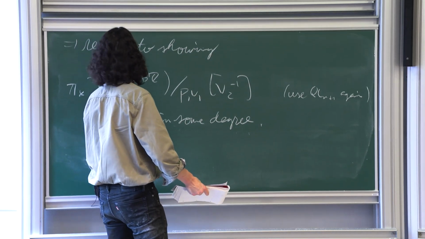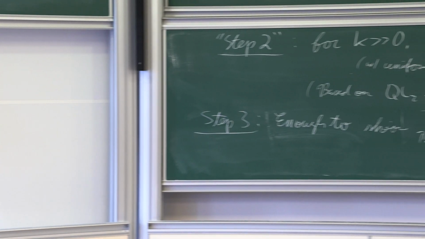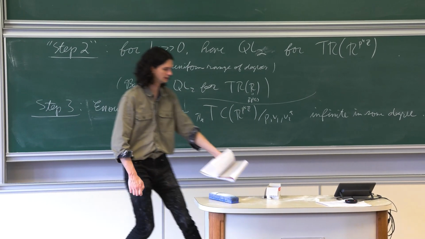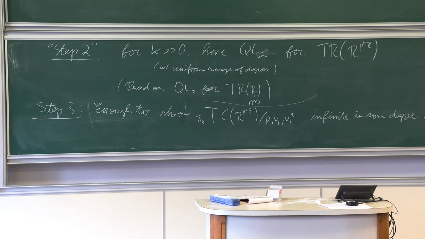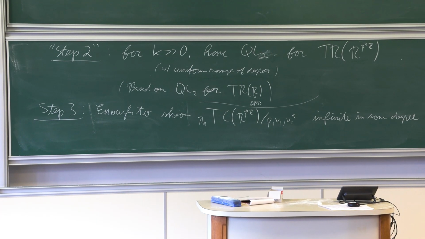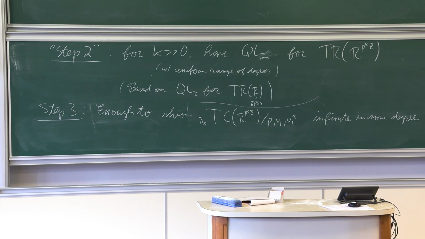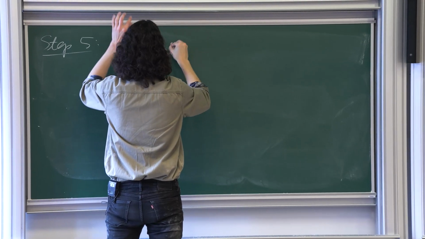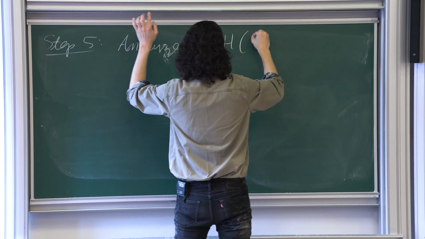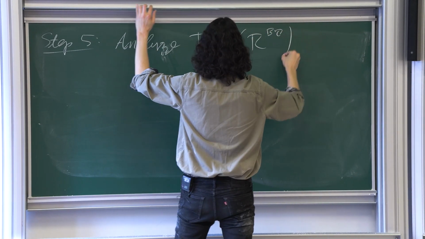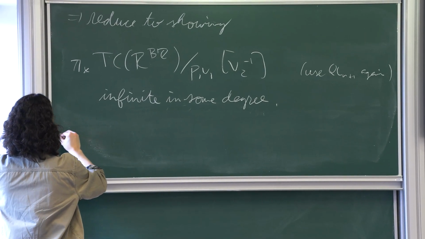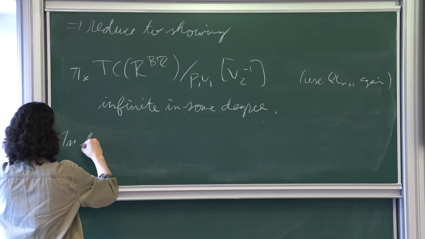Okay. Now we analyze, oh, what am I? Step 5. Analyze THH of R^{BZ}. Well, actually, I'm sorry, I'm going to do something strange.